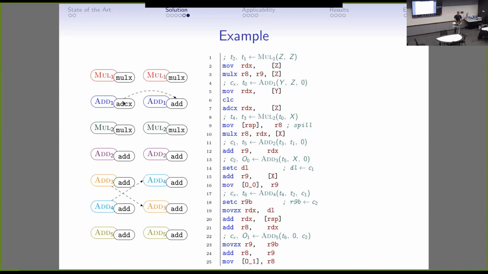In this case, I have two mutations. The first one is to mutate the instruction selection from ADCX to add. And down here, we've seen that we can change the order of add 3 and add 4. So let's do that, and then generate some assembly code from that second representation.